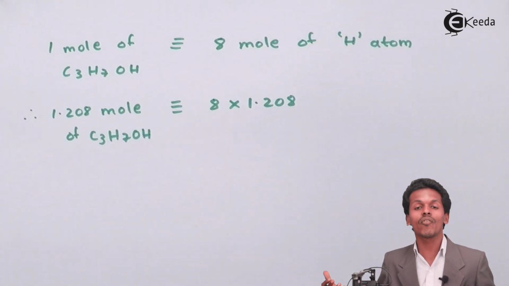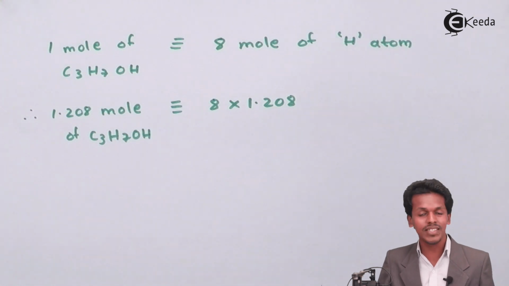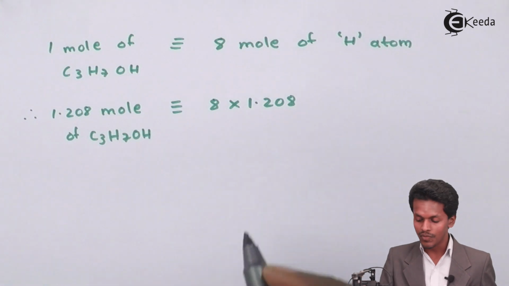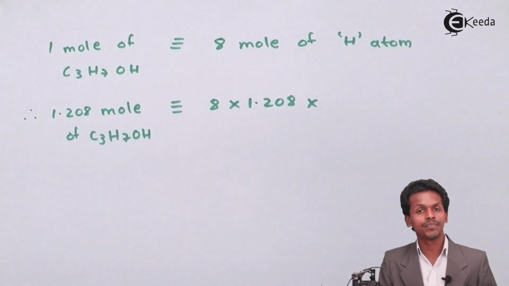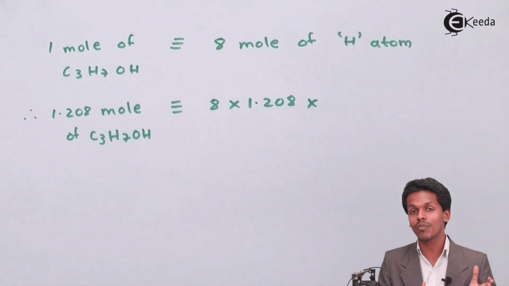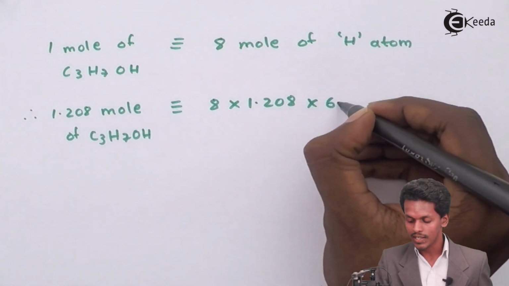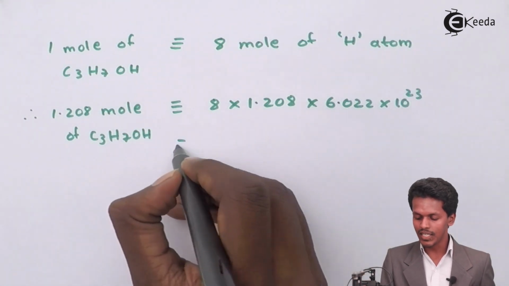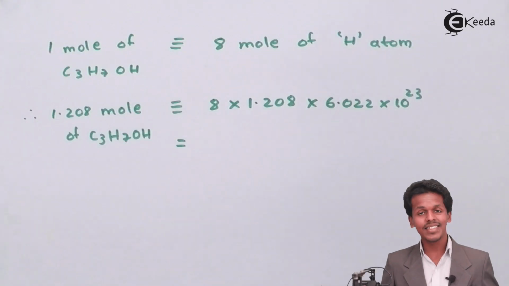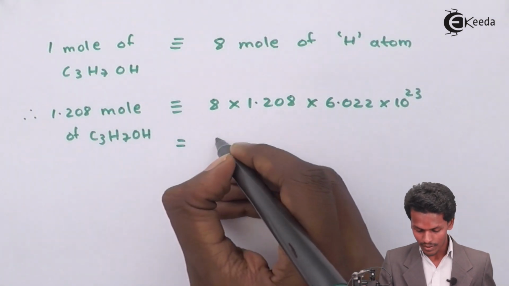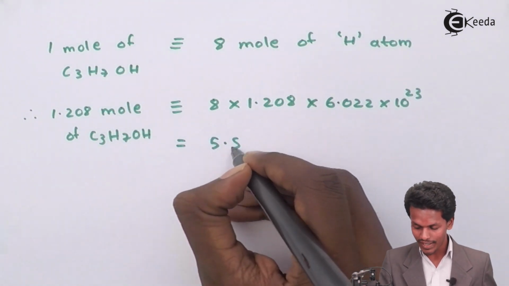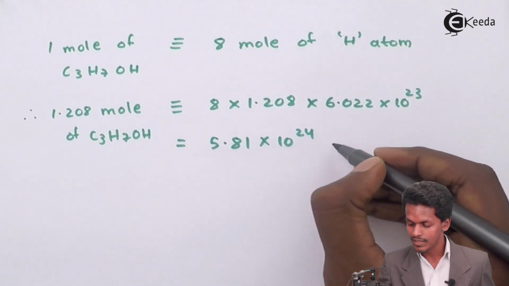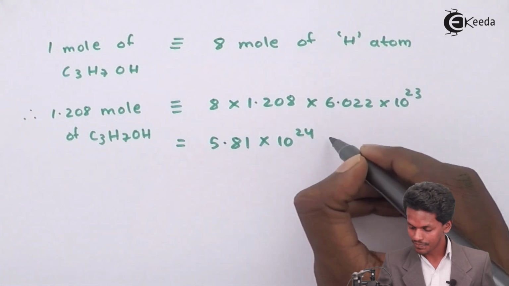To convert into the number of atoms, we multiply by 6.022 into 10 raised to 23. The answer we get is around 5.81 into 10 raised to 24 hydrogen atoms.